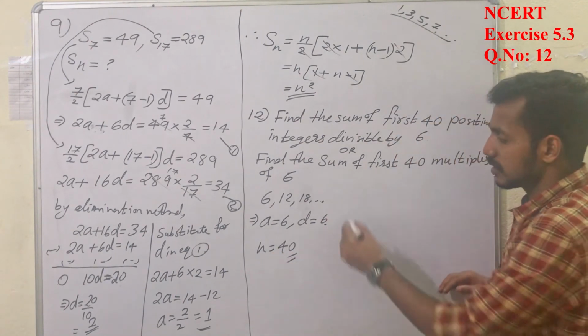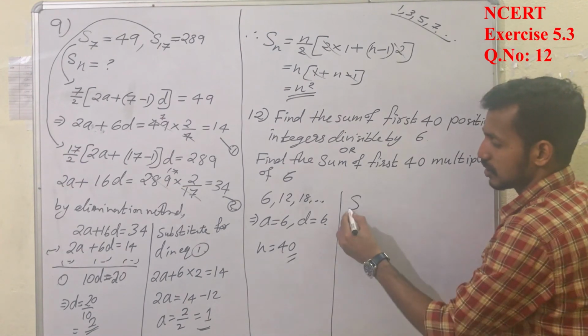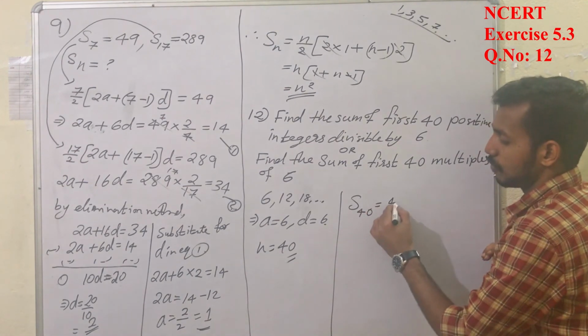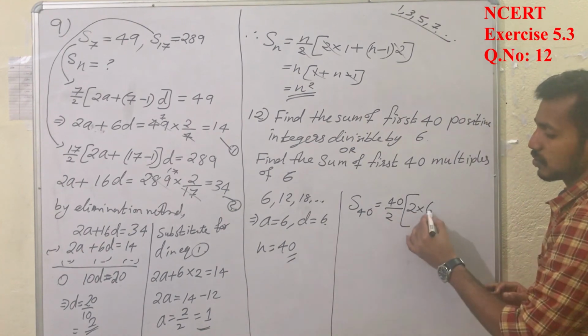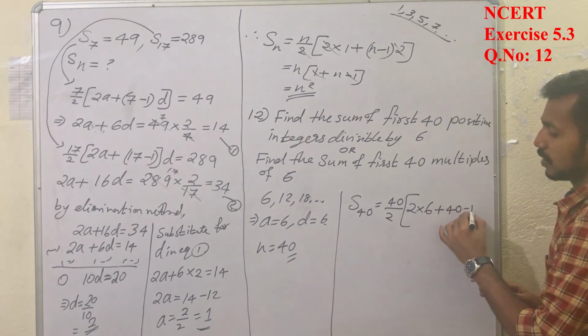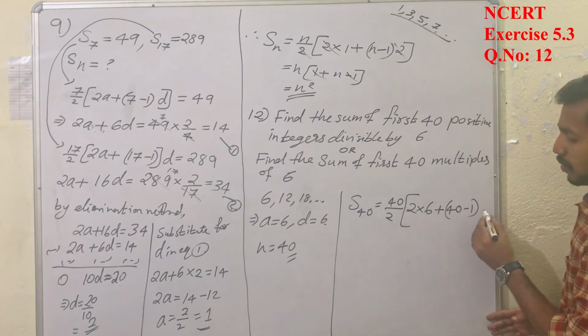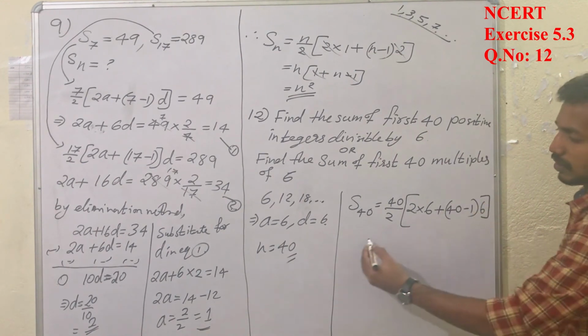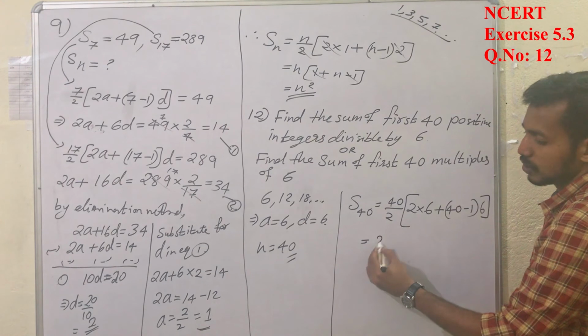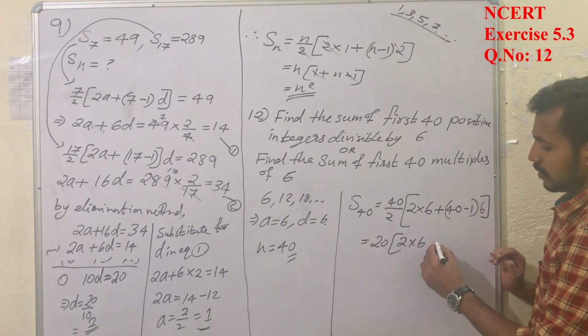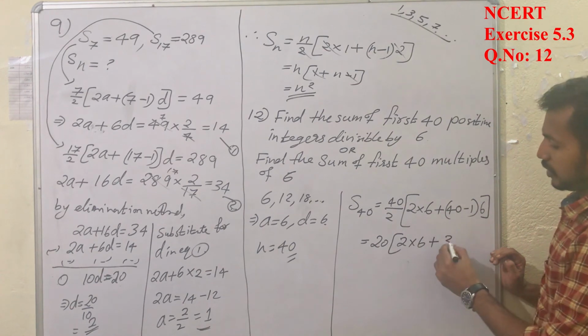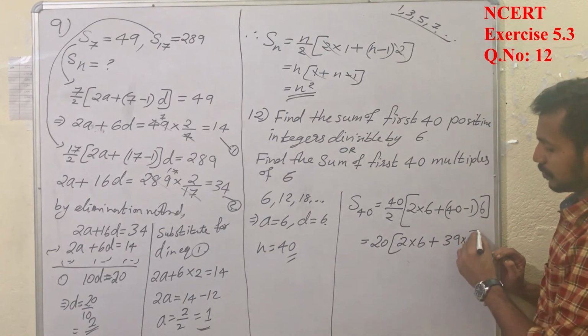We can easily find the sum of first 40 integers, that is S40 is equal to 40 divided by 2 into 2 into a, a equal to 6, plus 40 minus 1 into d, d also 6. That is equal to 40 by 2 is 20 into 2 into 6 plus 39 into 6.